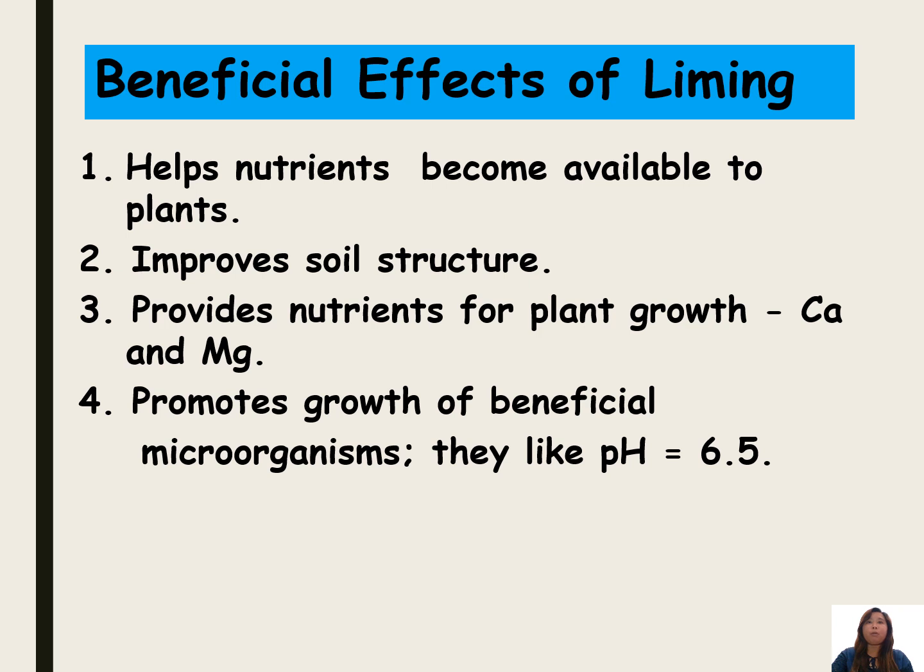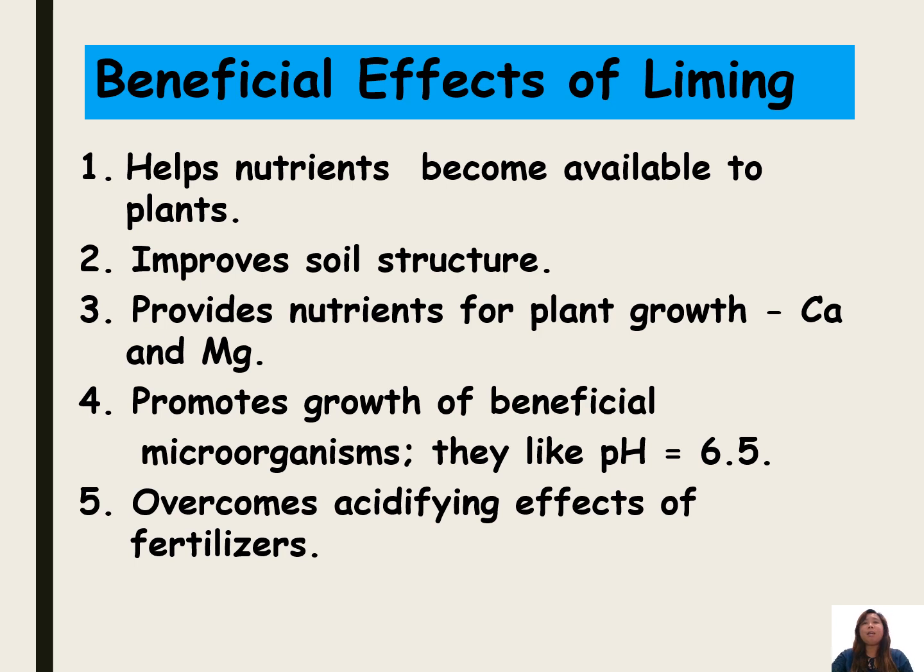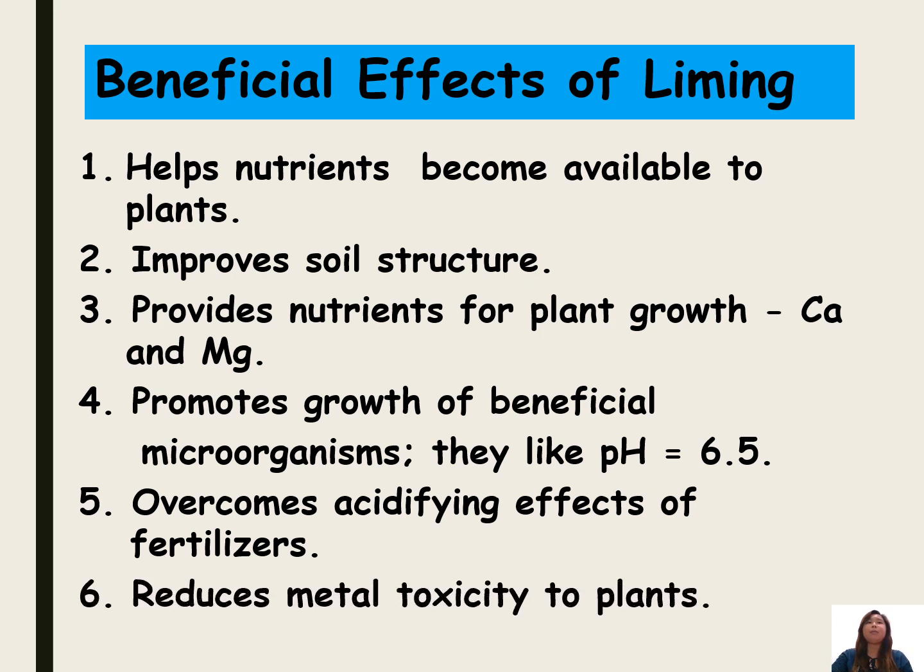It can also promote growth of beneficial microorganisms, which can thrive or live in a soil having a pH of 6.5. And it overcomes the acidifying effects of fertilizers, especially those ammonium-based fertilizers. It can also reduce metal toxicity to plants because some of the metals could be toxic to plants at lower pH level.